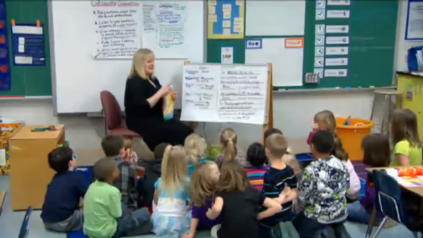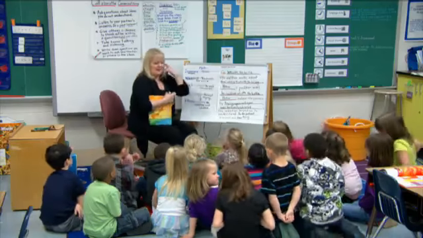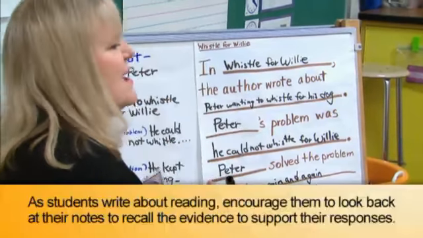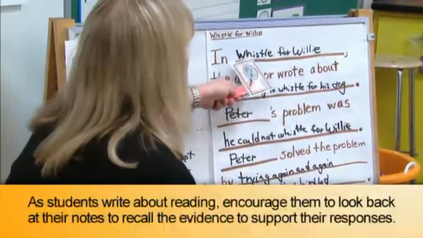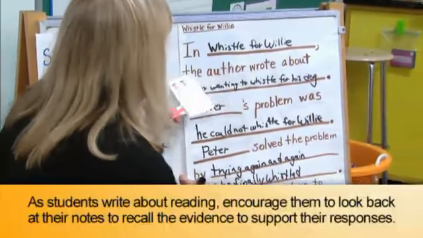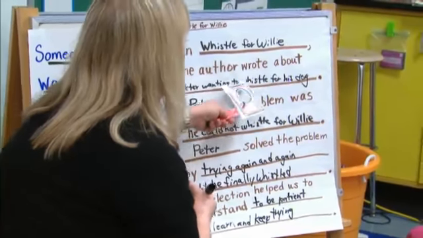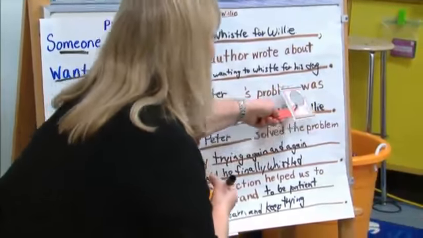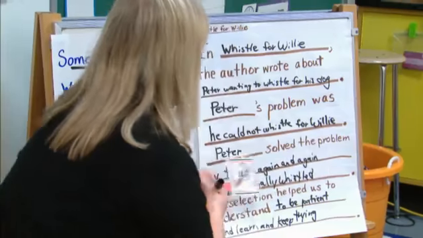Let's reread it to see. And while we're rereading it, I want you to think, do I have evidence? Can I go back and prove this and show my evidence in the story? Let's see. In Whistle for Willie, the author wrote about Peter wanting to whistle for his dog. Peter's problem was he could not whistle for Willie.